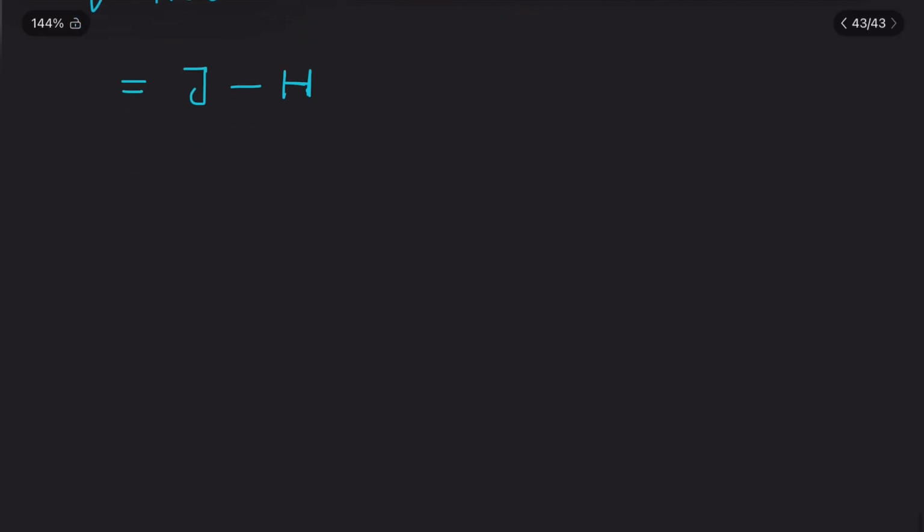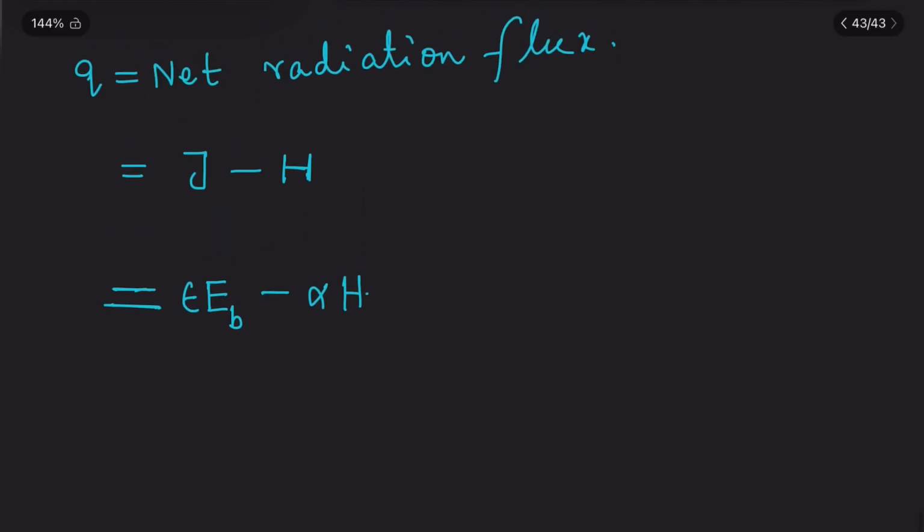Now you can see that I can also write this as E_B lambda into epsilon minus alpha into H. Alpha is absorptivity, clear?